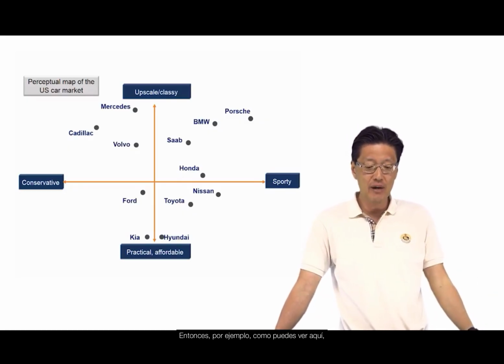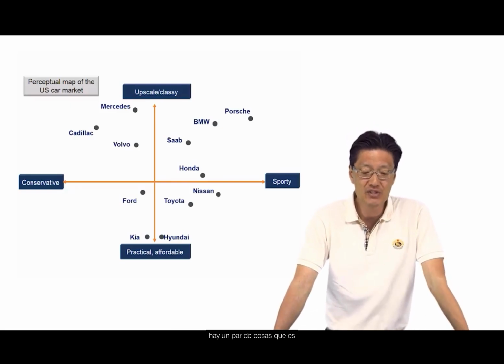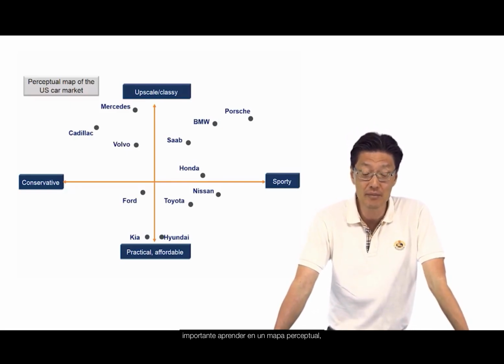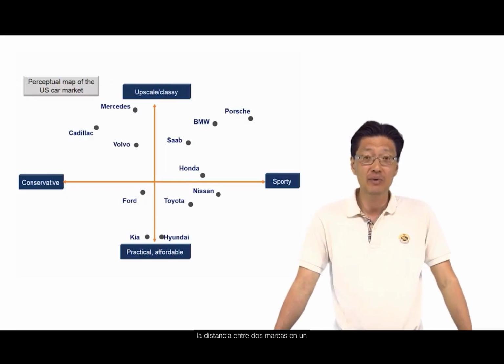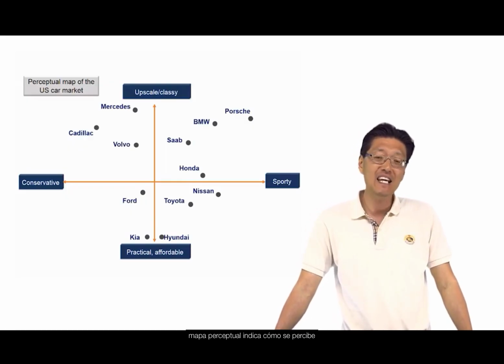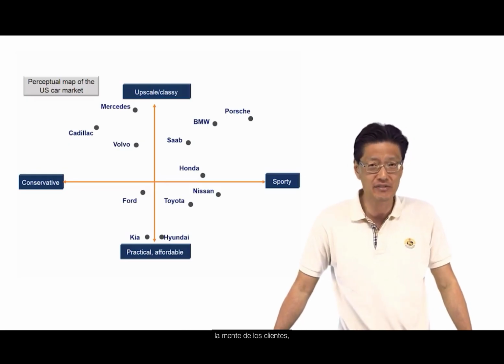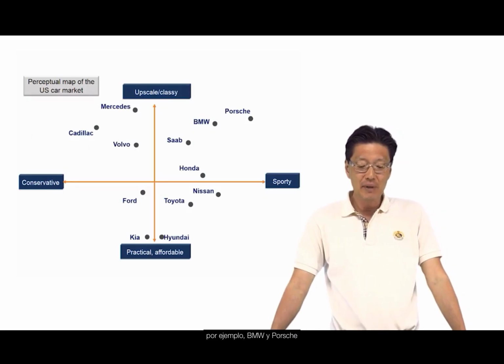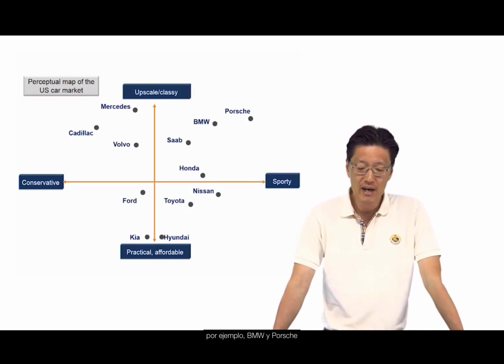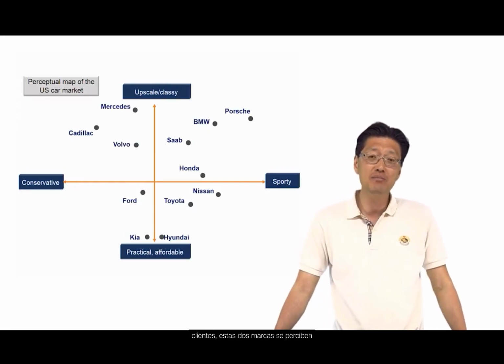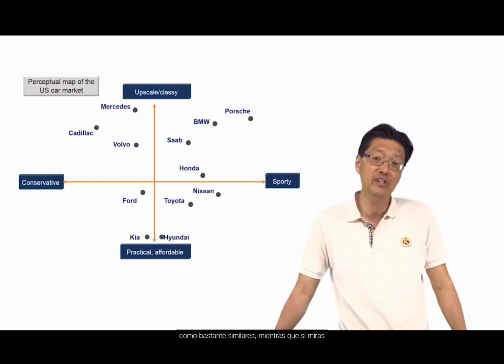As you can see here, there are a couple of things that are important to learn on a perceptual map. The distance between two brands on a perceptual map indicates how dissimilar the two brands are perceived to be in the minds of customers. For instance, BMW and Porsche are fairly close to one another on the perceptual map. That means that in the minds of customers, these two brands are perceived to be fairly similar.